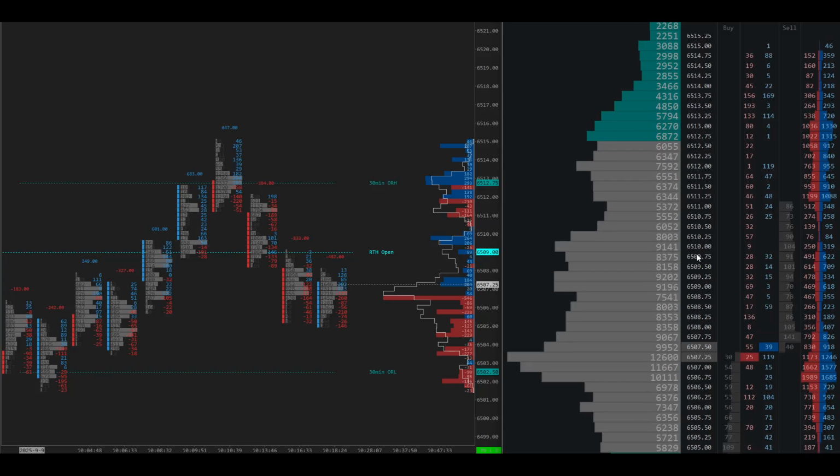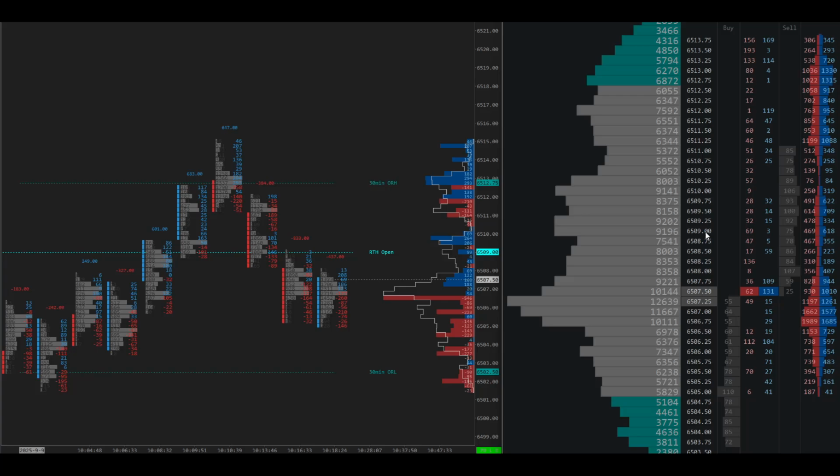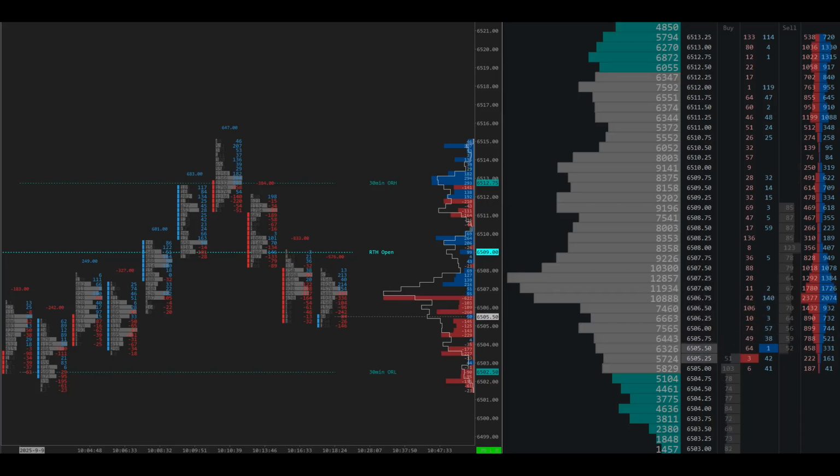But after it got back down inside value, we kept having the offer step in lower, so that's good to see as well. This current footprint bar is kind of like a balanced auction, but it's holding below prior bar's highs, so it's got a little bit of a bearish lean here.